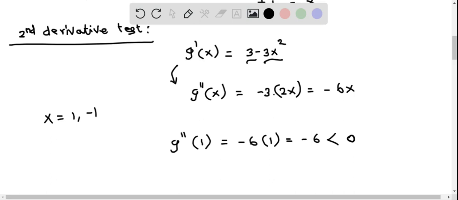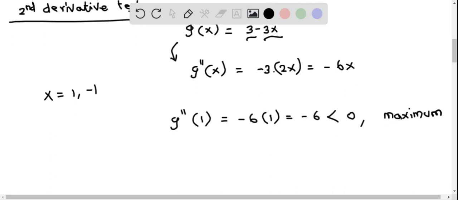So when the second derivative is less than 0, it's a point of maximum. And since we want to determine the minimum value of the function, we should basically get the point where the function is minimum. So now let's put the next critical point, which is negative 1, into the second derivative.